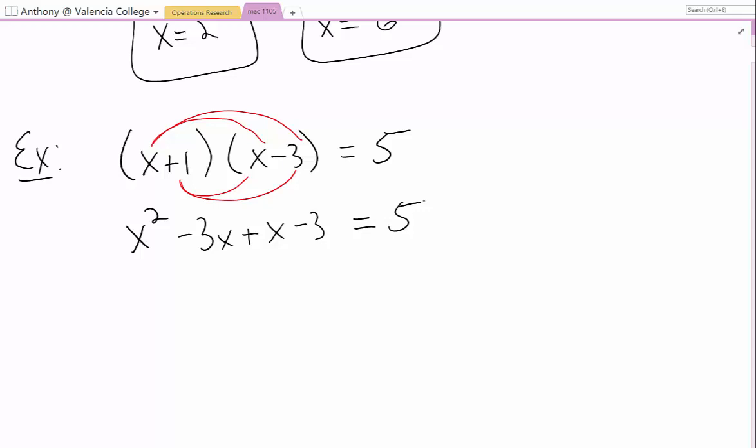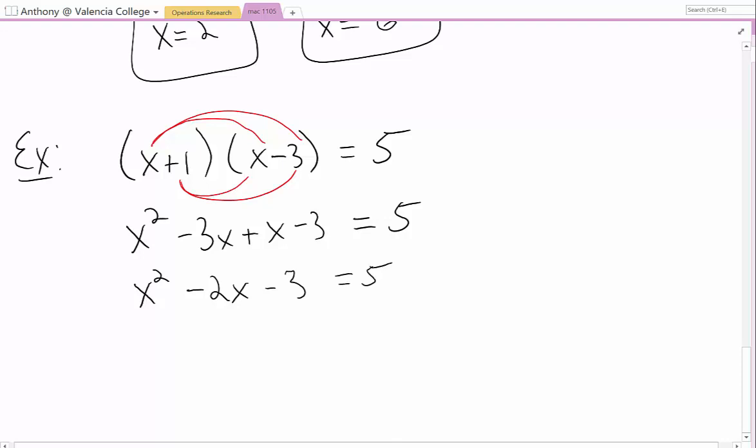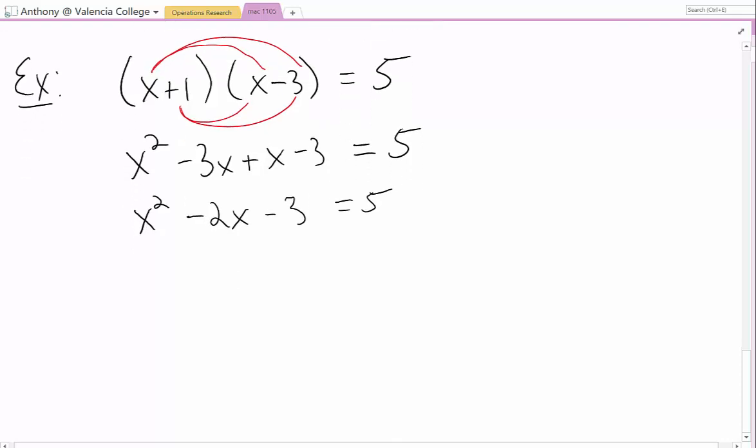Now on my left side, I'm going to combine my like terms. So let's see, x squared, and then we have a negative 3x plus 1x. So that means we have a negative 2x. And then minus 3, that equals 5. And then we subtract the 5 over. Remember, to get in standard form, move everything to one side, set it equal to 0. Okay, subtract 5, subtract 5.